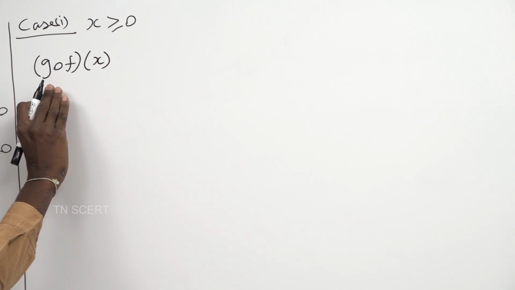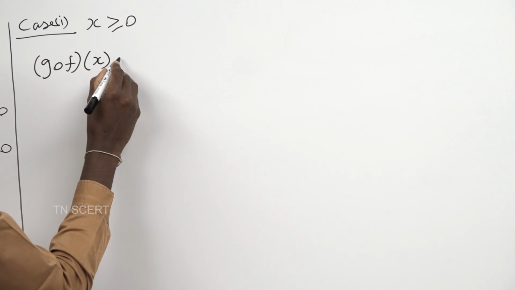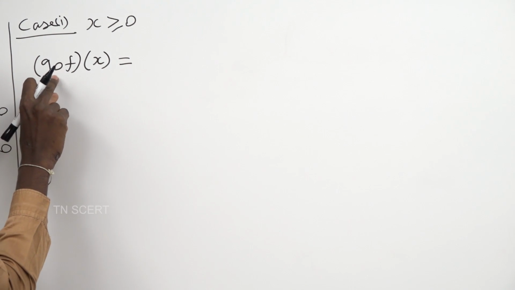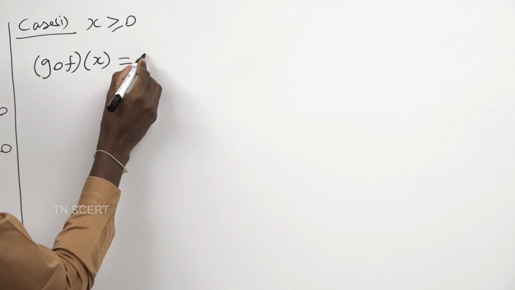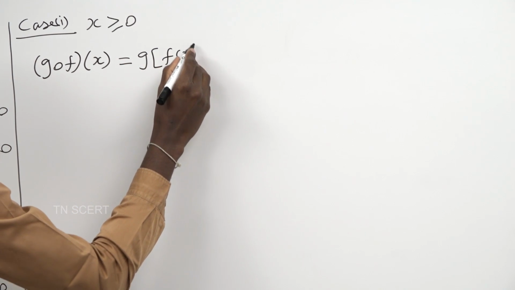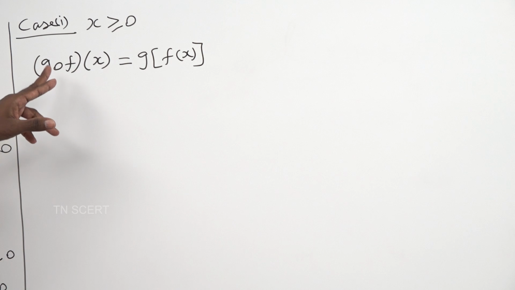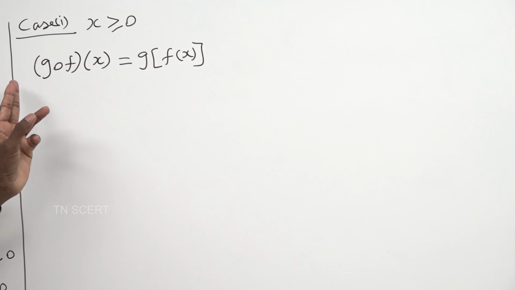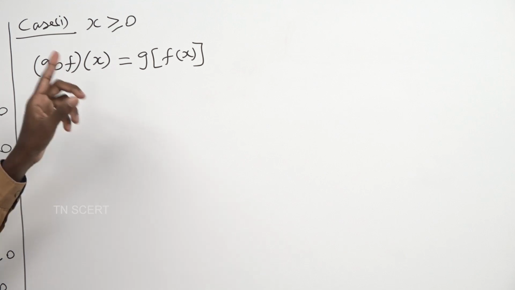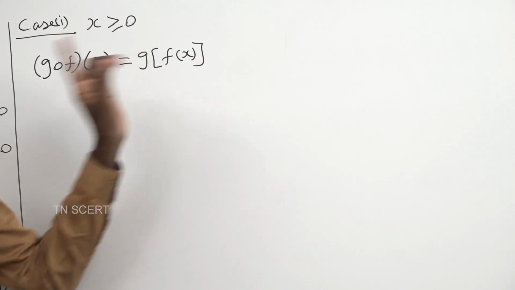So, g composite f of x. By the definition of composition, this g composite f of x can be written as g of f of x. This is actually the composition of f with g, it is denoted by g composite f. So, g composite f of x is equal to g of f of x.